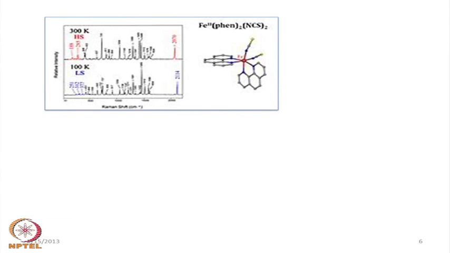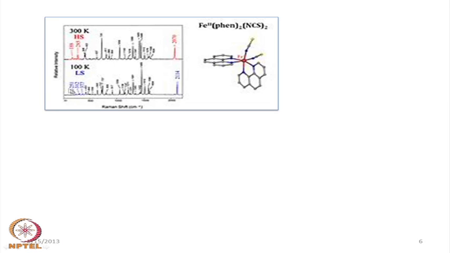What we see is the same thiocyanate compound: two phenanthroline and two thiocyanate groups in the cis position, and we can have the corresponding stretching frequencies.